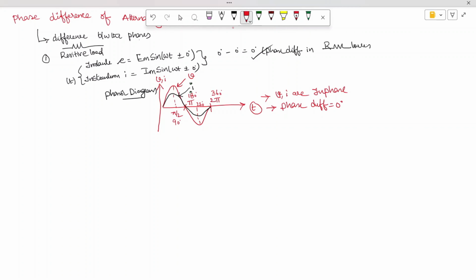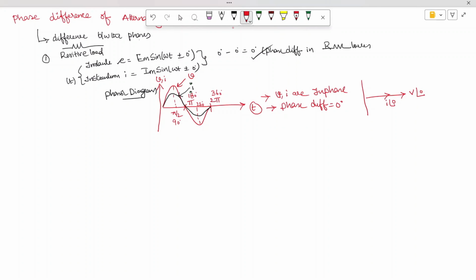We can represent it in one more style also. This is called the graphical method. In this graphical method, we will use voltage as the reference, V at an angle 0, and current is also at an angle 0.